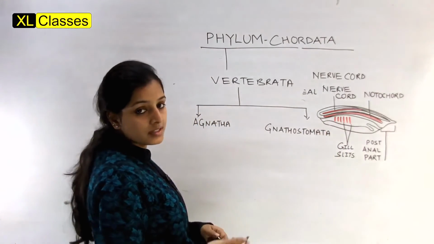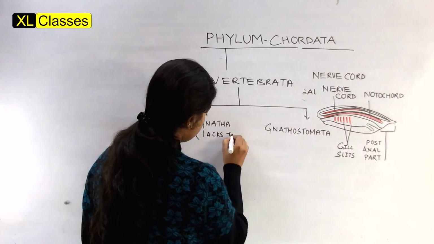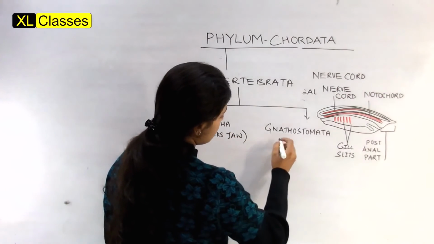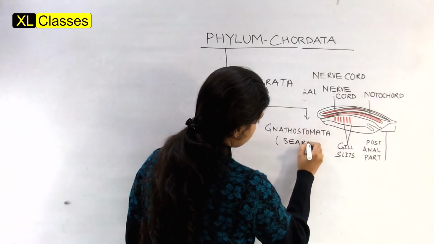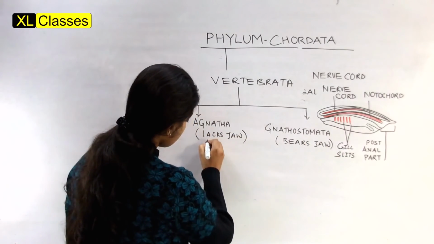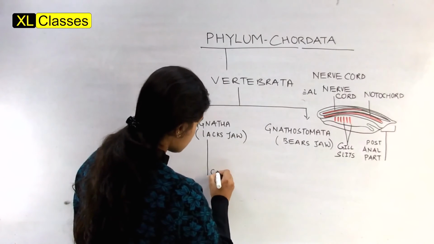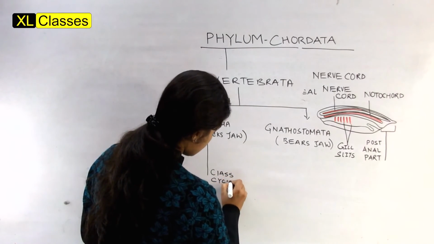Agnatha are those organisms which lack jaws, and Gnathostomata are those organisms which bear jaws. The Agnatha is further divided into a class called Cyclostomata.